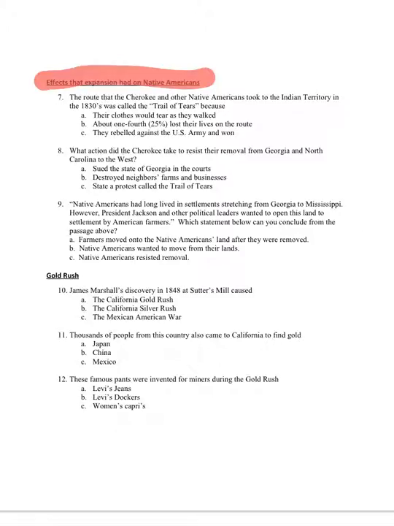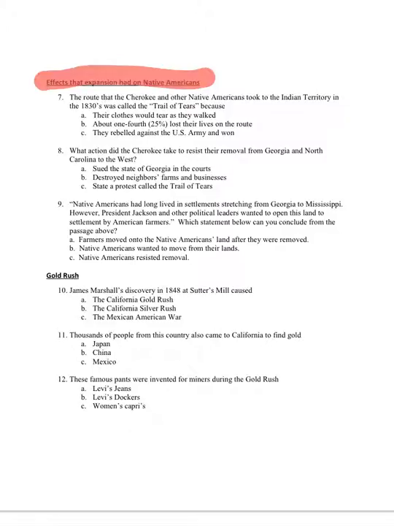Number 9, Native Americans had long lived in settlements stretching from Georgia to Mississippi. However, President Jackson and other political leaders wanted to open this land to settlement by American farmers. Which statement below can you conclude from the passage above? Is it A, farmers moved onto the Native Americans' land after they were removed?